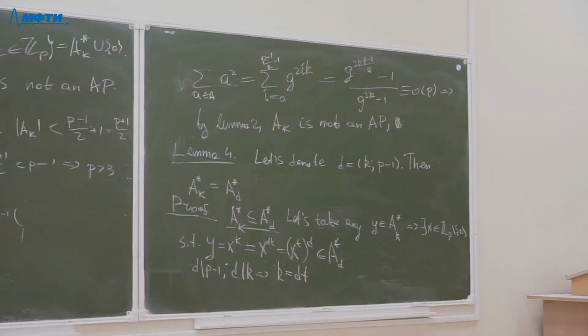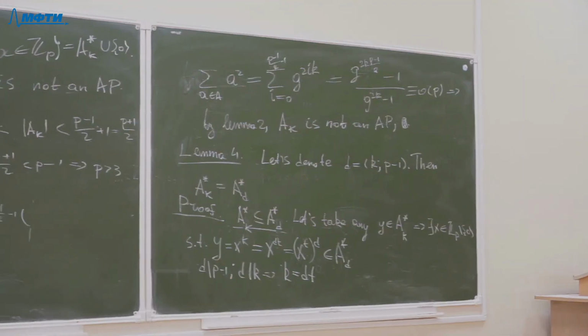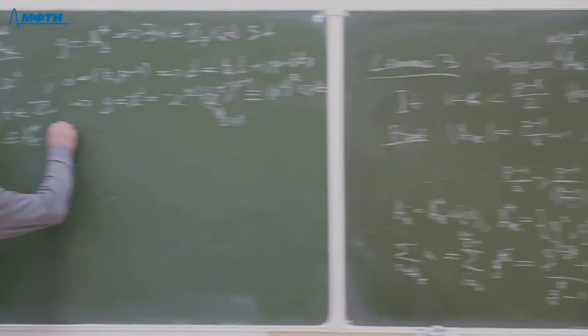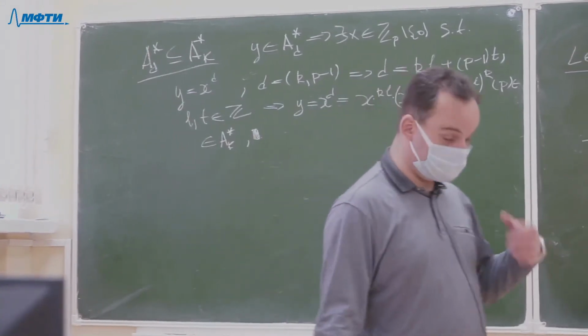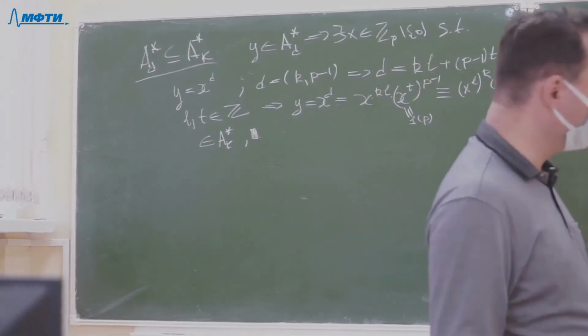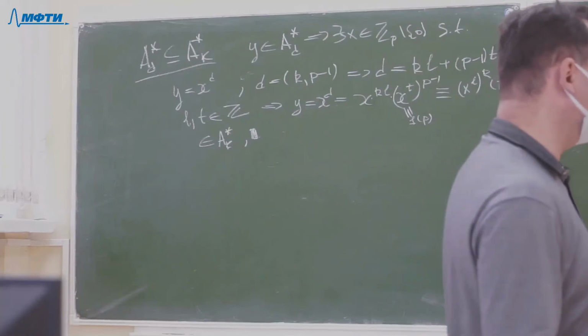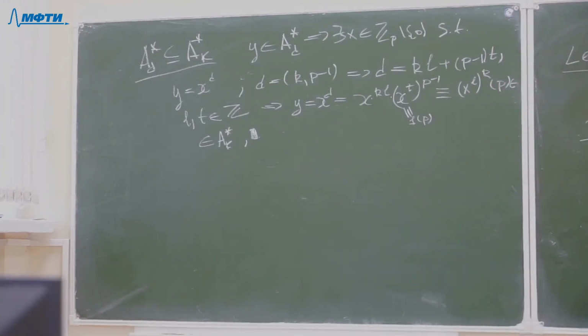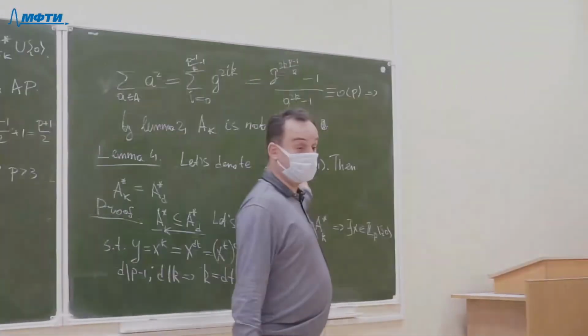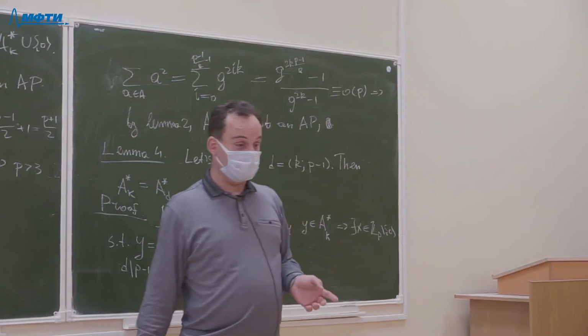Okay, so this lemma shows us how to work with the case when k is not a divisor of p minus 1. We have to replace this k by this greatest common divisor, and nothing changes.